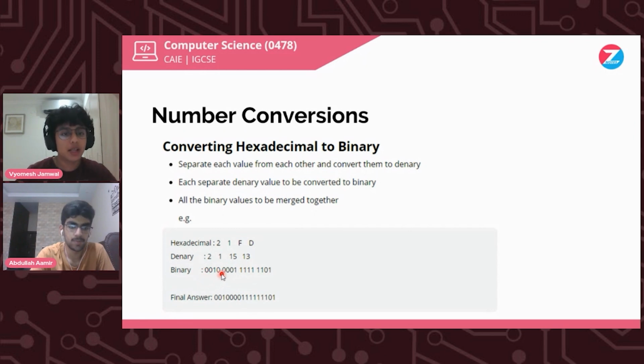So in the first example, 2 is basically 0010. 1 would be 0001. 15 would be 8. Actually, there are two options that we could do. Either we could divide it by 2 and find the remainders, or it's a small value here, so we could just see what fits in. So 8, yes. If we take 8, the first bit would be 1.